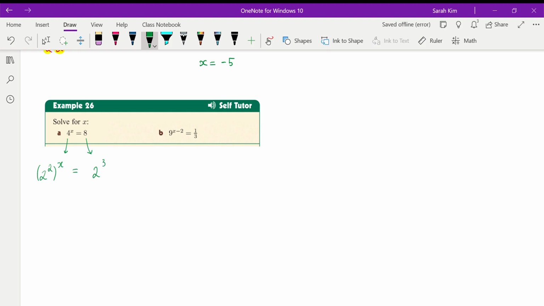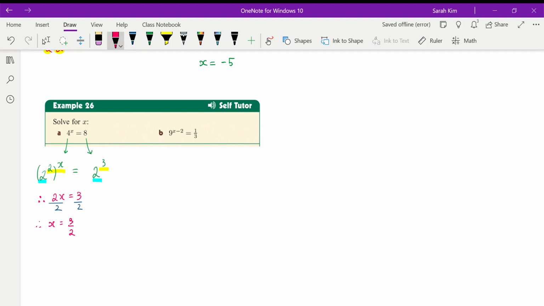As you can see, we've got our base that's the same now, and then you can equate the powers. Therefore, 2x equals 3. If I want to find x, I just divide by 2. So therefore my x must be 3 over 2.